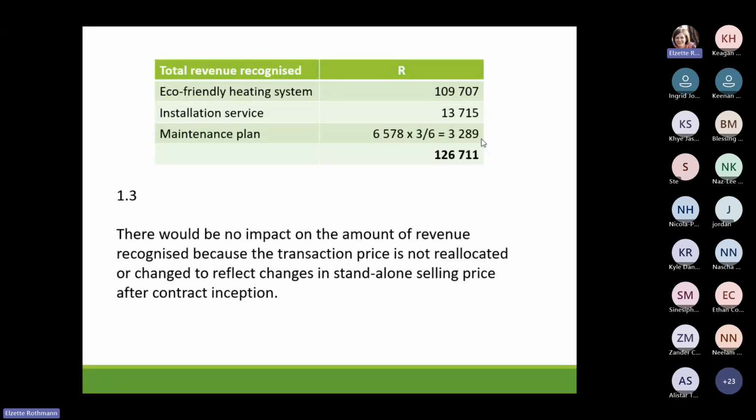We will recognize in this first year that we are in 126,711, because that's the obligations that we've met. And then in the next year, we'll add the 3,289. So then in total, we have recognized the full 130,000 that we've received.